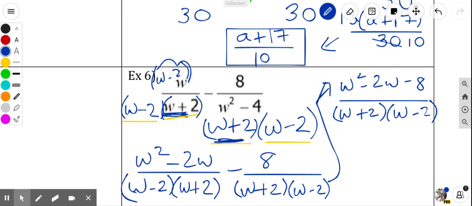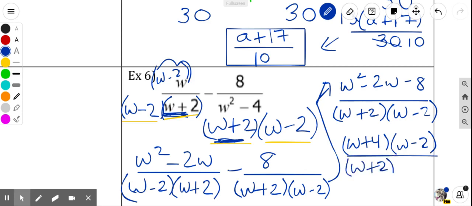So now you want to ask yourself, can that numerator be factored? We want numbers that multiply to negative 8 and add to negative 2. So it's going to be 4 and negative 2. So this becomes w plus 4, w minus 2, and then the bottom, w plus 2, w minus 2.